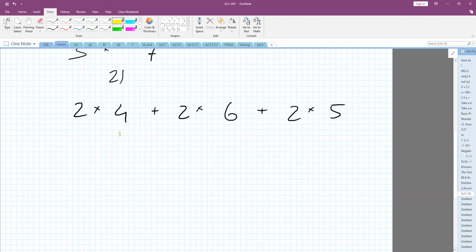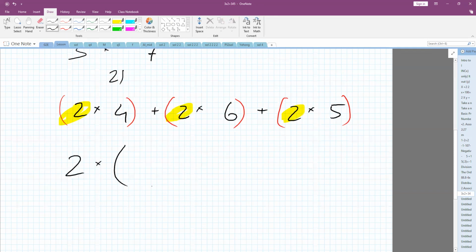See, you have 2, right? If you imagine you have 3 terms here, and each of them they have 2 in there. So we can take this number out. Now you have to multiply it with, you put a bracket here. First you have to have 4 here, and then now you add.